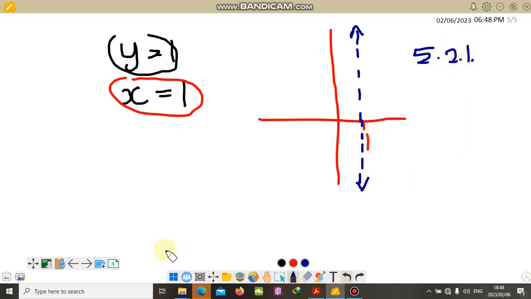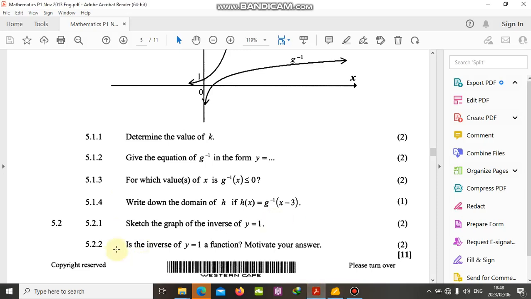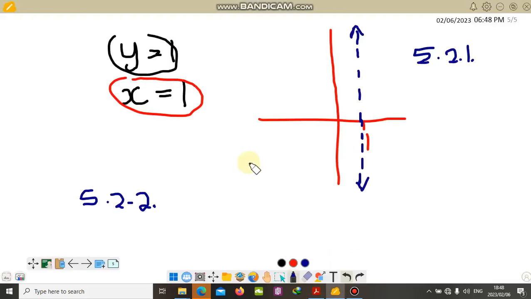That was 5.2.1. On 5.2.2, they ask us a question: is the inverse of y equals 1 a function? Motivate your answer. Let me go back, guys. A function is a graph that passes the vertical line test.